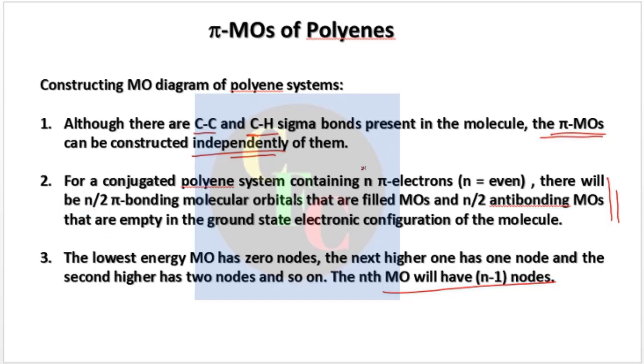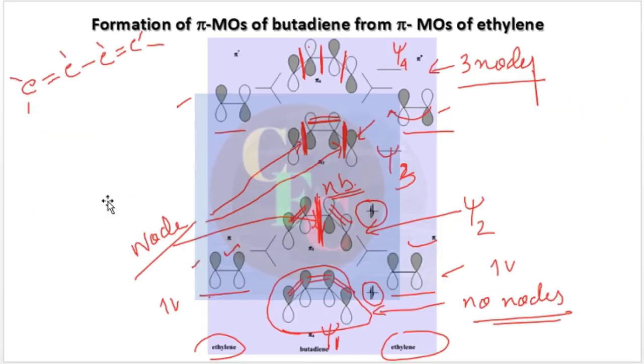See the number 2 point. If there is a 4 electron system, right, it will give 4 by 2, that is 2 bonding molecular orbitals and 2 anti-bonding molecular orbitals, which will be empty, and the bonding orbitals will be filled up. So this is our case here, right.